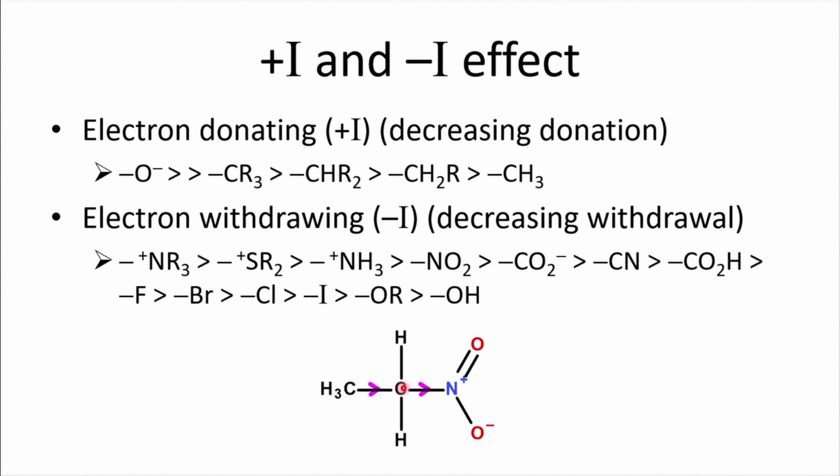So, if we consider the central carbon, the nitro group pulls the electron towards itself through the sigma bond framework, and the methyl group pushes the electron towards the central carbon, again through the sigma bond framework. So, these are called the plus I effect for the methyl group and the minus I effect for the nitro group.